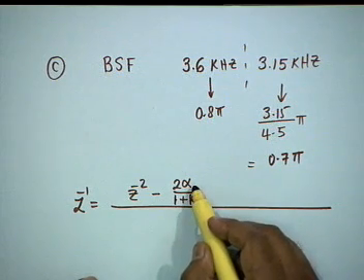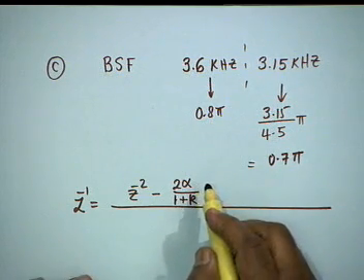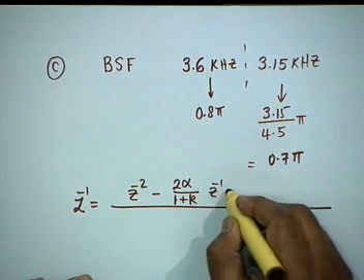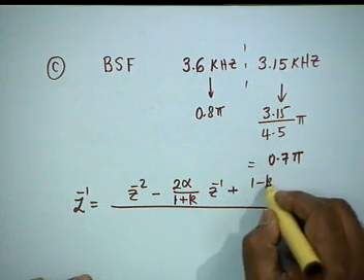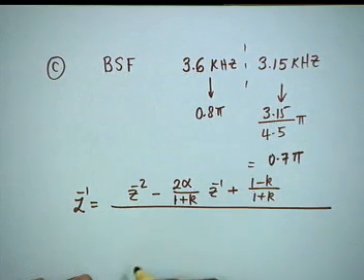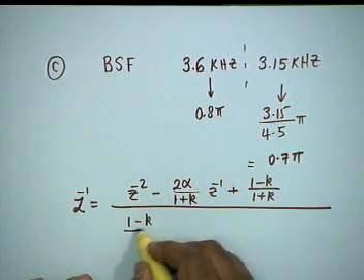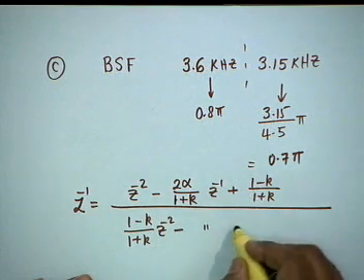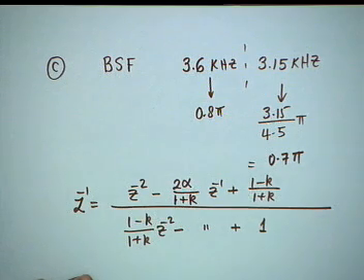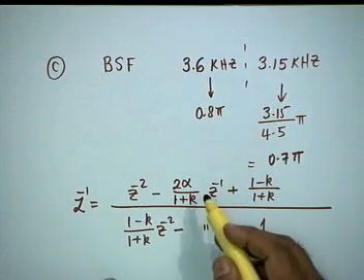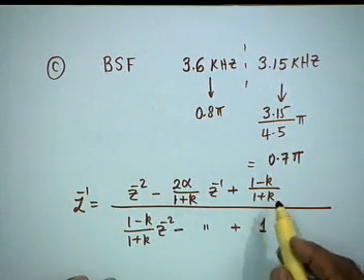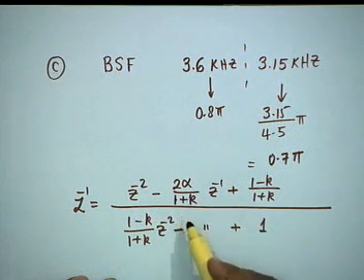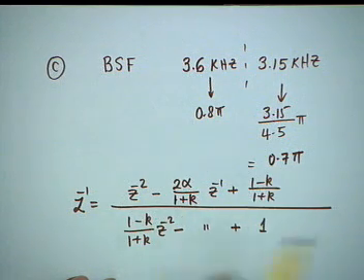Okay, there is no k here, this is what is to be remembered. So, this multiplied by z inverse plus 1 minus k divided by 1 plus k, and the denominator would be 1 minus k by 1 plus k z to the minus 2 minus the same quantity plus 1. This is the transformation. So, we shall have to calculate alpha, k and then these constants 2 alpha by 1 plus k, 1 minus k by 1 plus k.